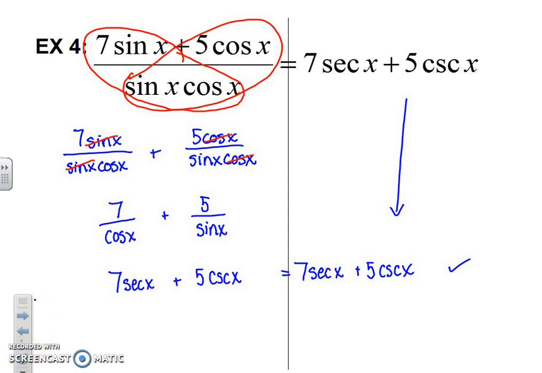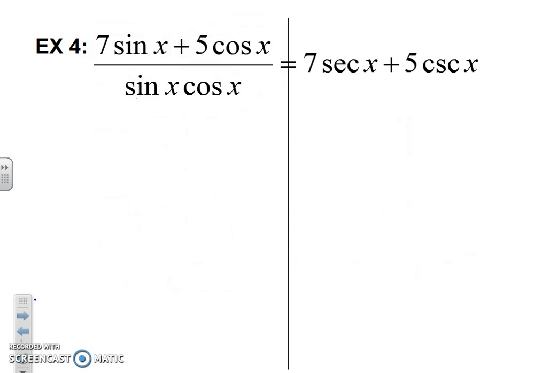Now, one important thing to remember whenever you're doing trig identities is there's not one set way that you have to do every problem for most of these. So I'm going to redo number 4 in a different way. I'll erase what I have here. Instead of working on the left-hand side, I'm going to work on the right-hand side this time. So what I'm going to do is change this to 7 over cosine of x plus 5 over sine x. Now, I could get common denominators to put these together.